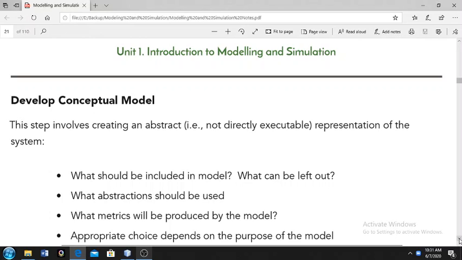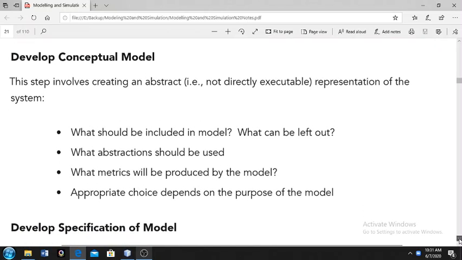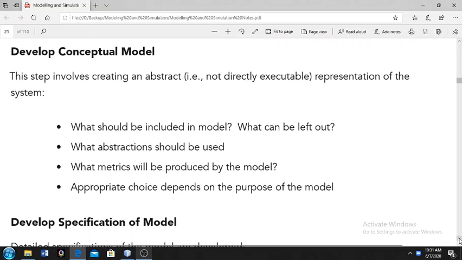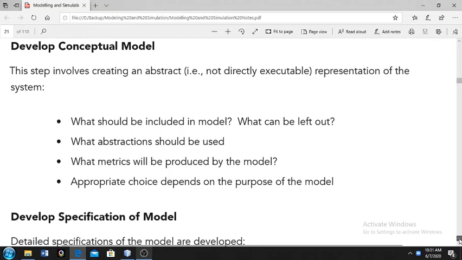This step involves creating an abstract representation of the model. Something conceptual is something abstract, something fuzzy. What should be included in the model? What can be left out? What abstraction should be used? What metrics will be produced by the model? Appropriate choices depend on the purpose of the model.